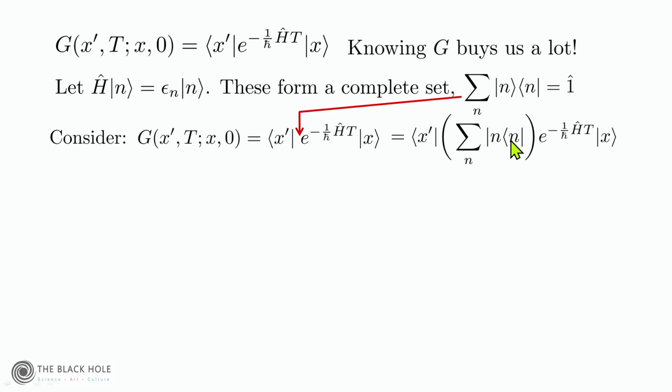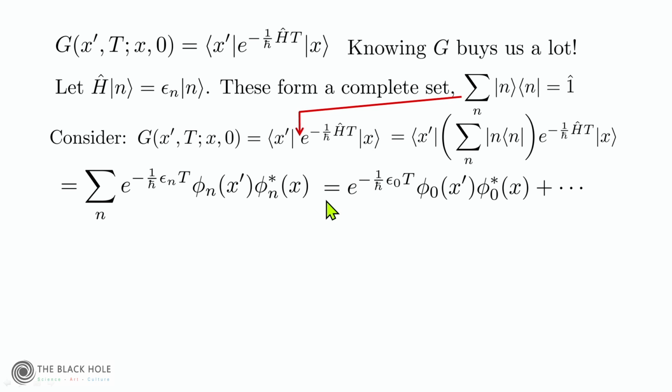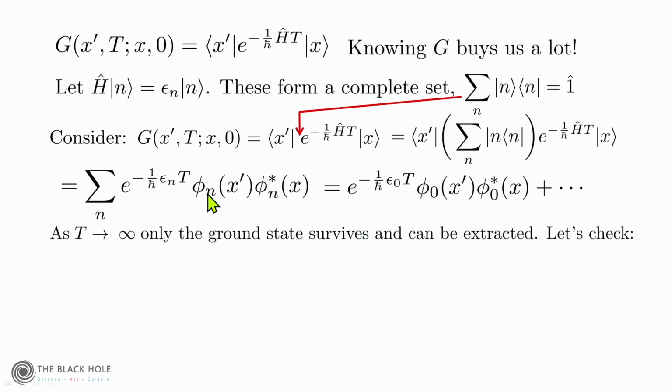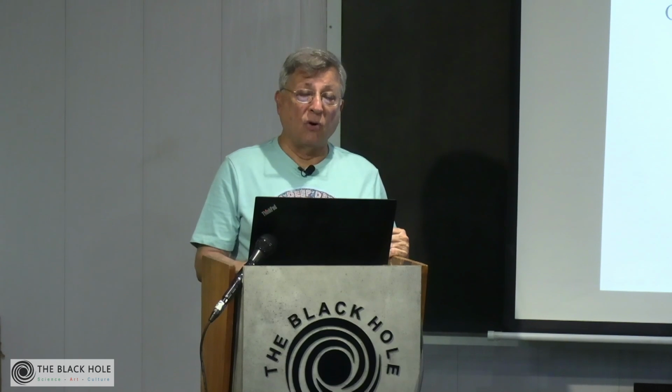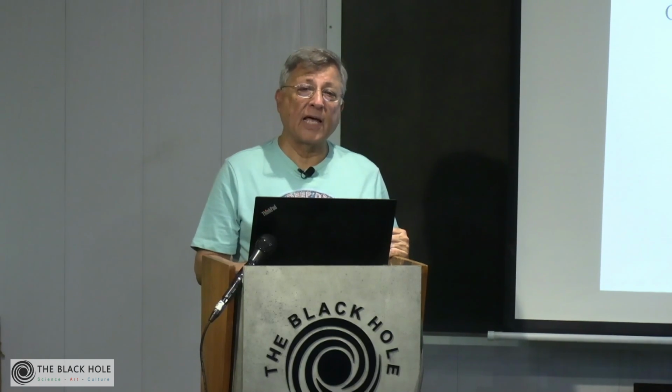And this over here, see, H acts upon n and gives me E_n, which means that this Green's function is actually this. What is that? This is a sum over n. So there's E0, phi 0 star, etc., etc. The next one will be n equals 1, and so forth. Okay, now E0 is always less than E1.